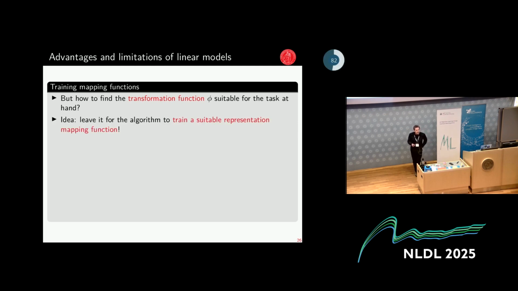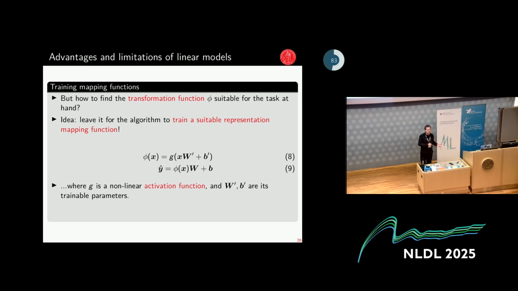So how do we do that? The idea is that we can leave it for the algorithm, for the model itself, to learn some suitable representations of the data, some suitable mapping functions. So we can leave it to the model to find how exactly the data instances should be transformed.